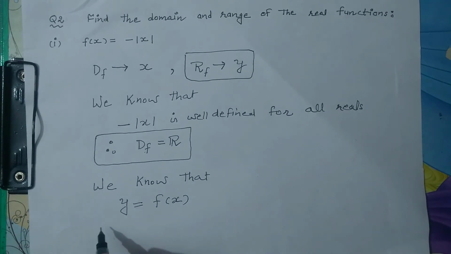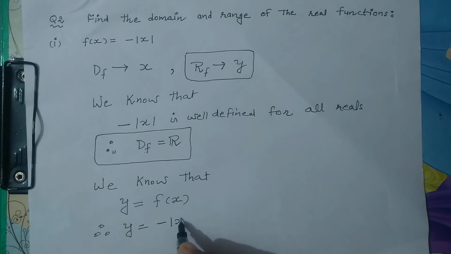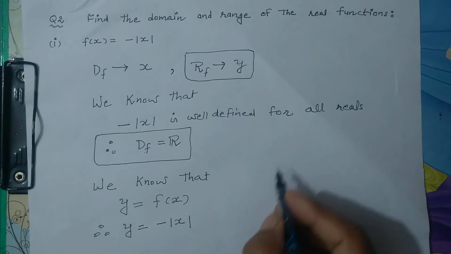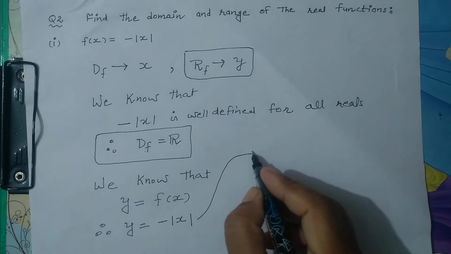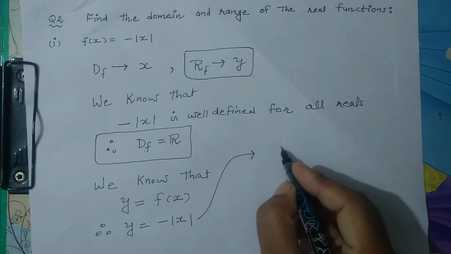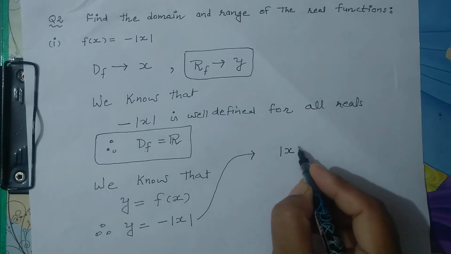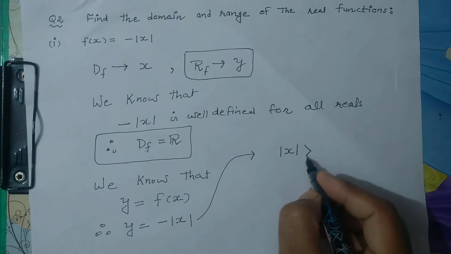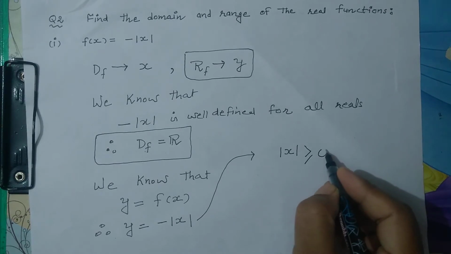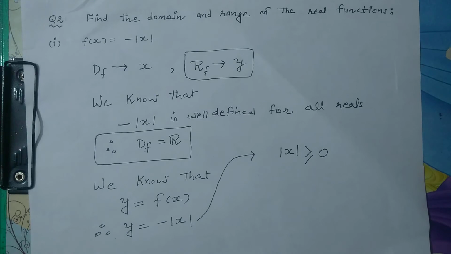So my dear students, we write here now y is equal to minus mod of x. Now a very important fact is there. What is that? This is very much understood that modulus of any function is always greater than or equal to 0. This is a universal truth.